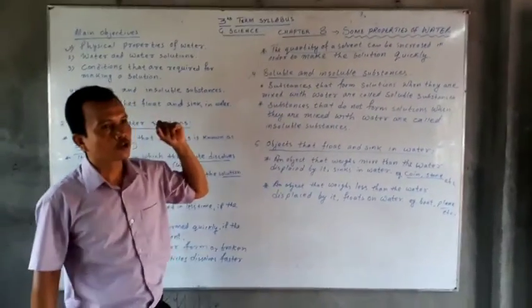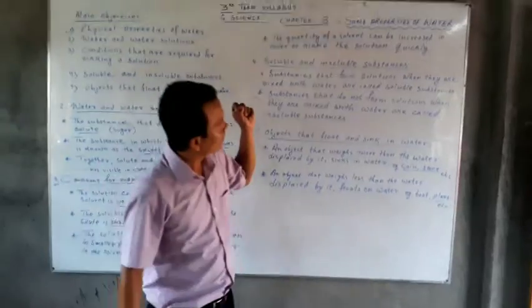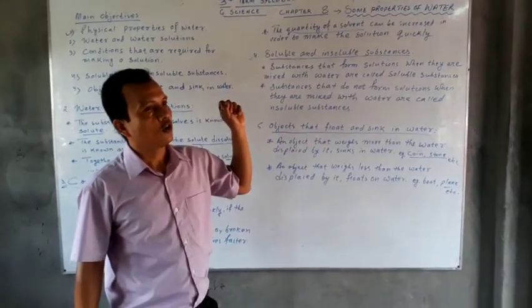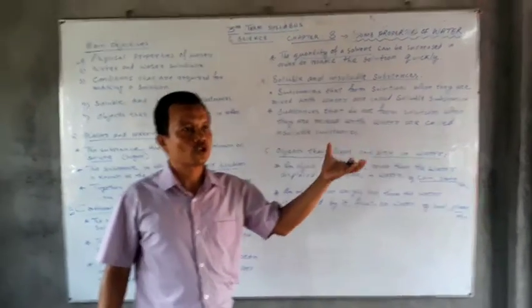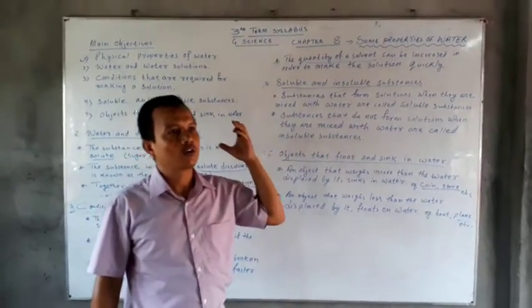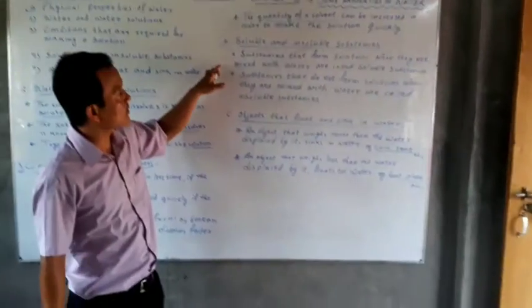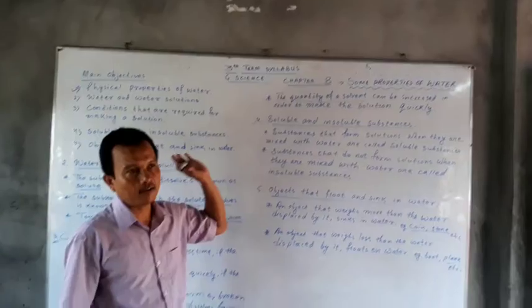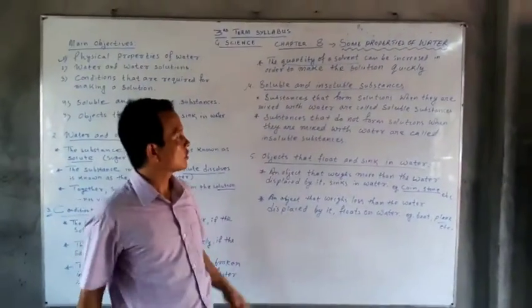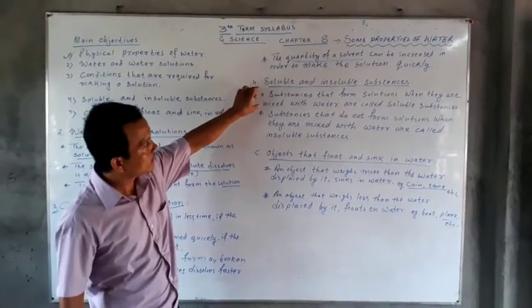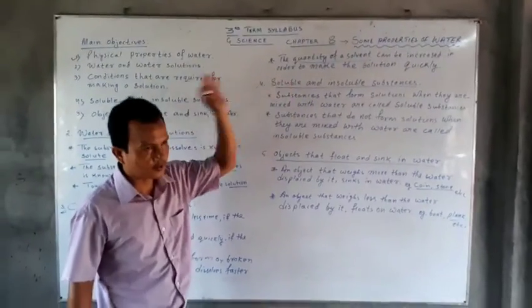For example, sugar or salt or flour: when mixed with water, it is easily soluble. So this is called a soluble substance.